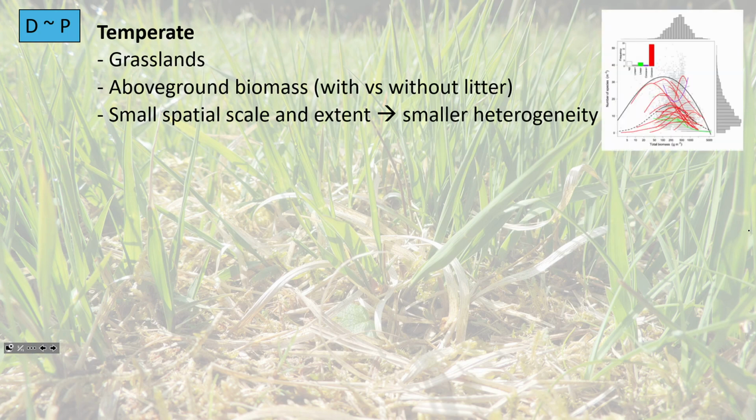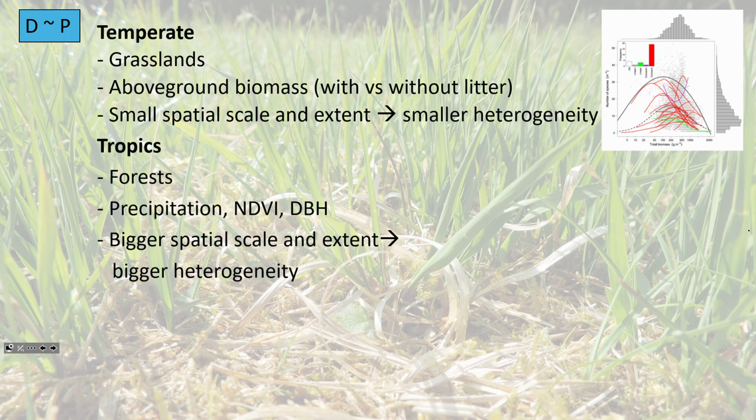So, if you look in temperate grasslands, which is also where I've been working, mostly you find something I have already shown you, either a negative relationship in more productive meadows or a unimodal relationship. Usually this is based on estimates of above ground biomass. It's usually done on rather small spatial scales and smaller extents, so smaller areas.